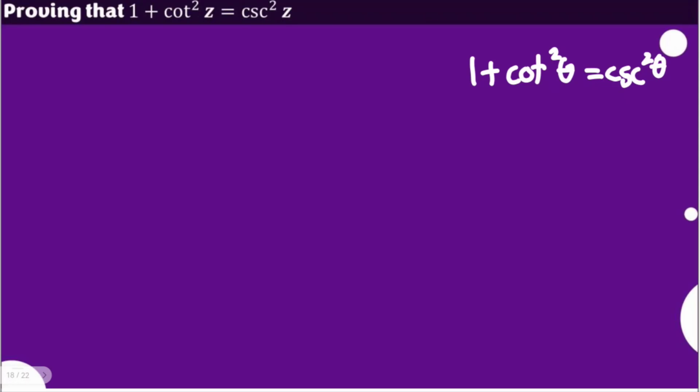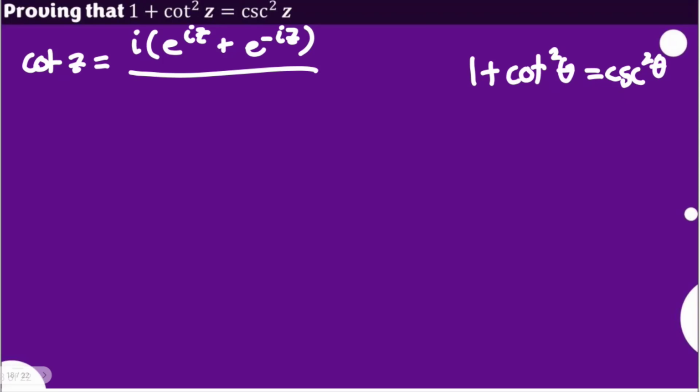So in order for us to show that, we are going to use first the given identity for cotangent and cosecant. For our cotangent z, as identified in our previous video, it's actually the reciprocal of tangent z. So we can have here i times e to the power of iz plus e to the power of negative iz, all over our denominator, e to the power of iz minus e to the power of negative iz.